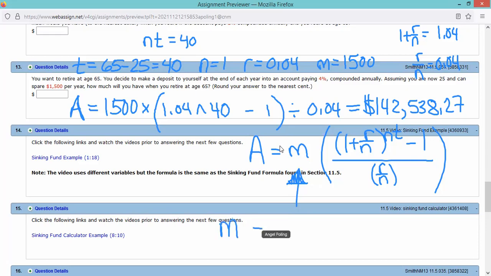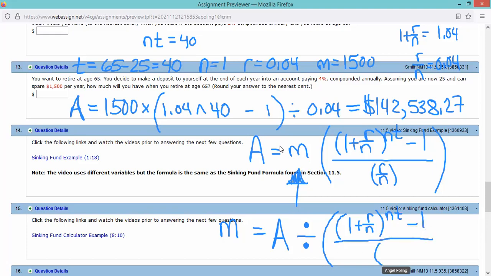In an equation where we take A and divide by that quotient that we've been multiplying onto M. So now instead of M times this whole mess, we're going to do A divided by this whole mess, right?